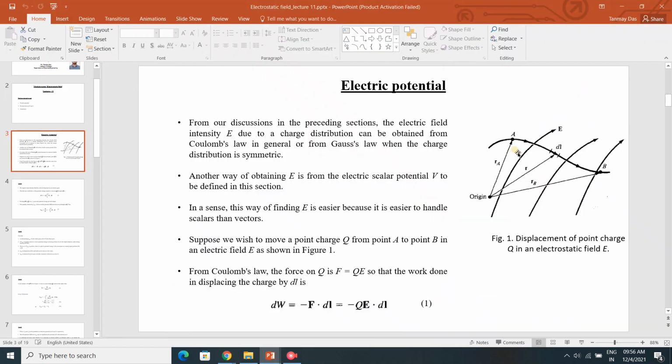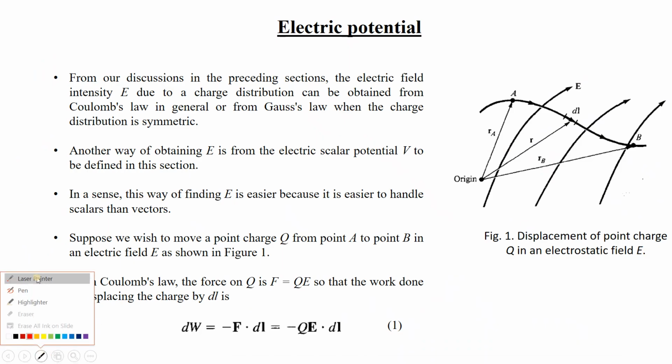the electric potential at point A is the work done to bring a unit positive charge from infinity to that point A. Similarly, the potential at point B is the work done to bring a 1 coulomb charge from infinity to that particular point B. But the potential difference between point A and B is the work done to shift a particular charge from A to B. That difference is nothing but the difference between the actual potentials.